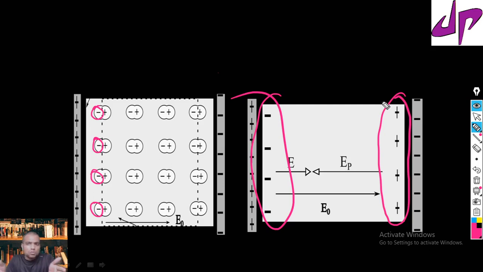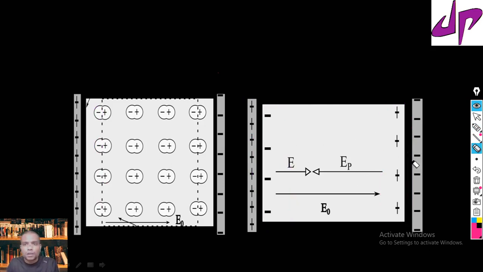Now these two separate charges are at the surface or at the edges of the material. They contribute a certain electric field. In this figure you are seeing three electric field terms.